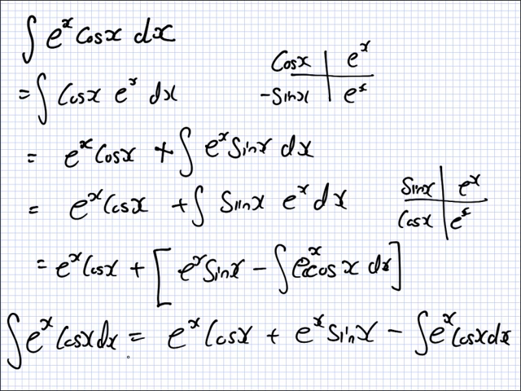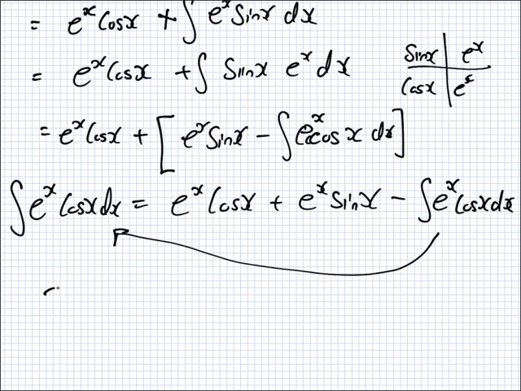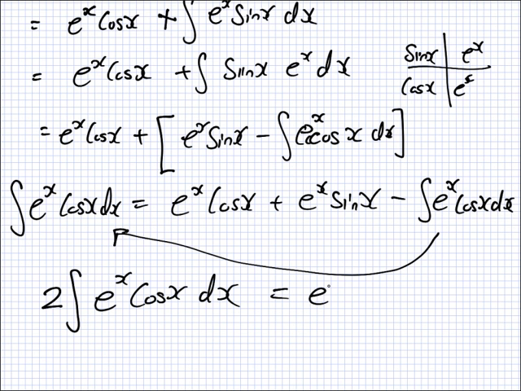Well, not cancel, but that means you can bring this over here and you have two of them. You forgot your two. The answer is 1 over 2.